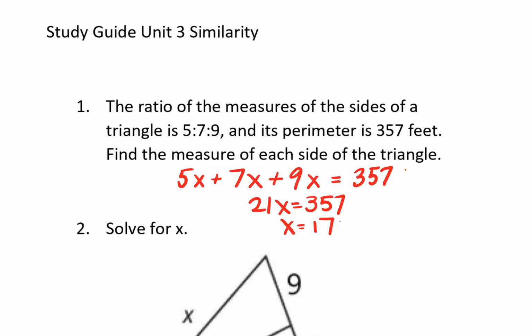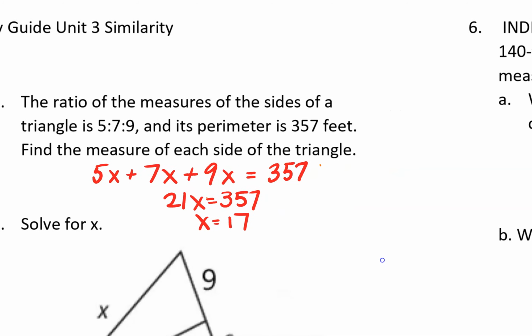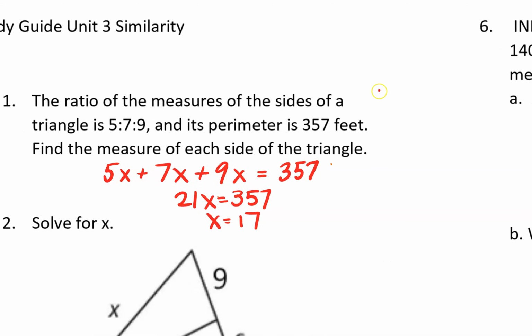So the measure of each side then would be 17 will give you the one side, which would be 85. And then the next side, 7 times 17 will give you 119.